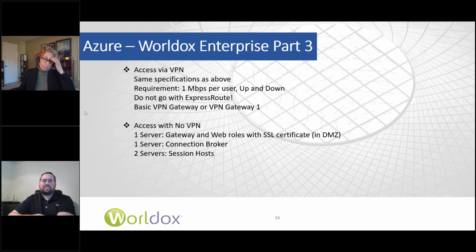What a VPN is, it's an agreement between two firewalls that say we are going to exchange traffic with each other. We have a common way of encrypting that traffic so that traffic from Microsoft gets encrypted before it gets sent over the internet. And then when it gets to your firewall, it knows how to decrypt it.